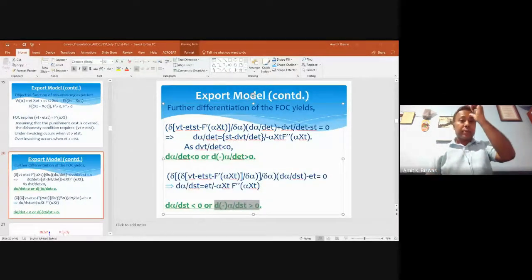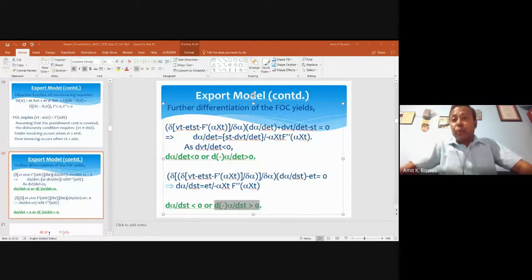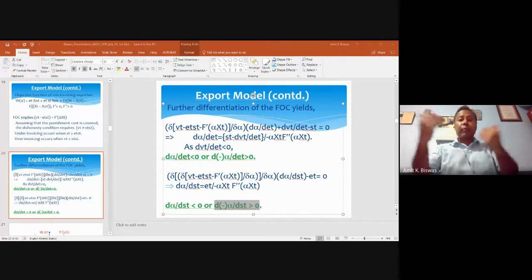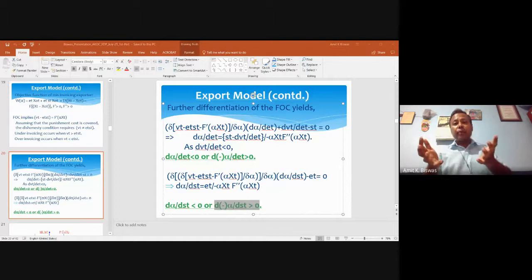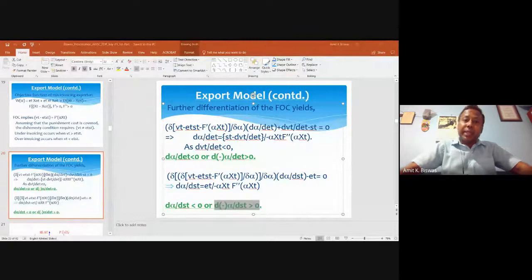If subsidy goes up, she was already missing the subsidy on $200 worth of export. If the subsidy looks more attractive, she will stop underreporting. She might, in fact, overreport to get more subsidy. So these are the ways you can justify the results, the outcome of the theoretical framework that you are building.